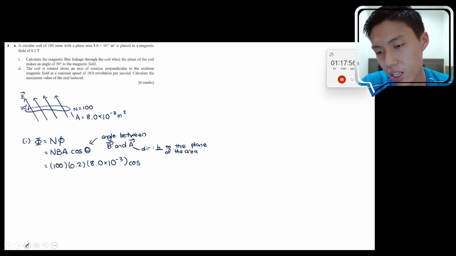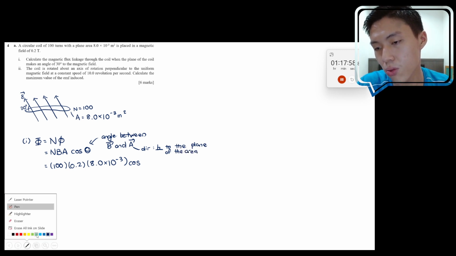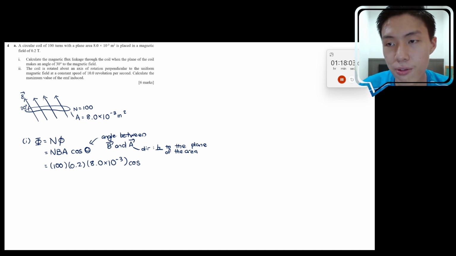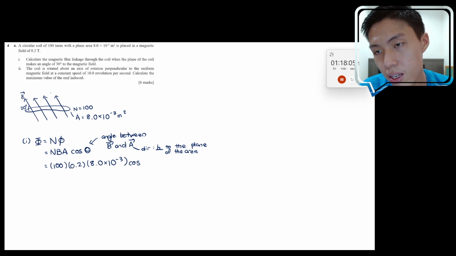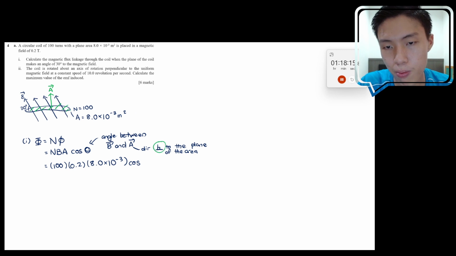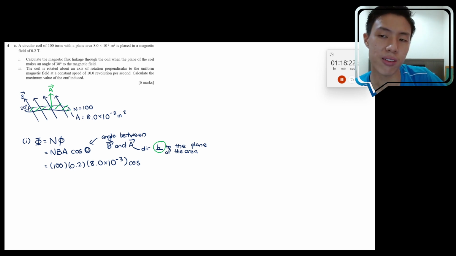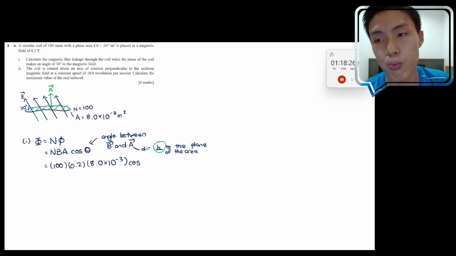For this situation, the area vector will be pointing in this direction. This is the direction of A. Because your plane is like this, it has to be perpendicular. So the direction will be pointing out from the plane or into the plane. But usually we choose the one that follows similarly the direction of the magnetic field. So in this case, we point outwards.